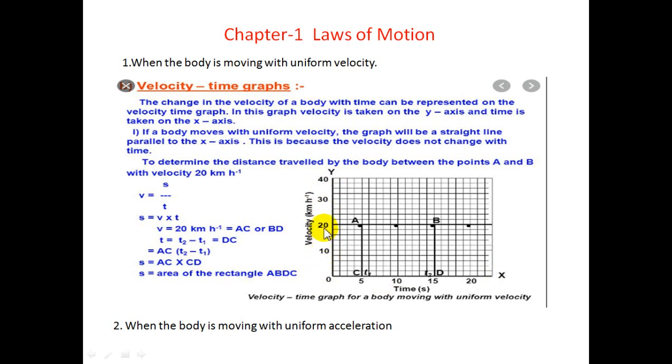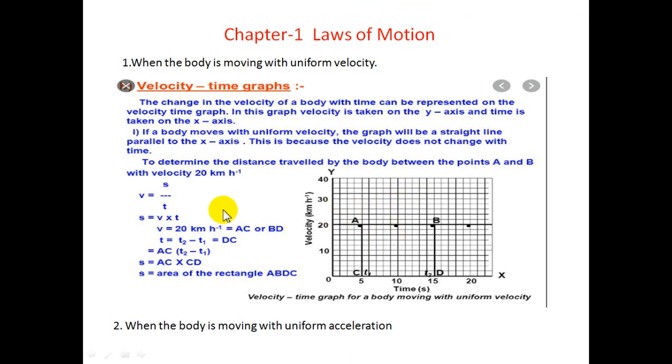You can see that 20 kilometers per hour is the constant velocity of the body at every interval of time. After 5 hours the velocity of the body is the same, 20 kilometers per hour. At 10 seconds also the body is moving at the same 20 kilometers per hour. So at every time interval the body is moving with the same velocity.